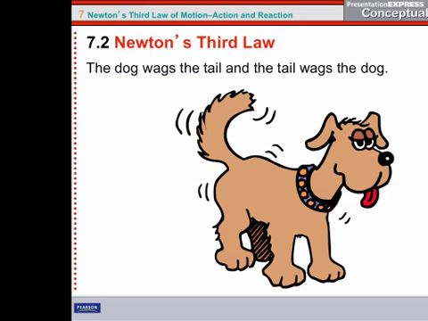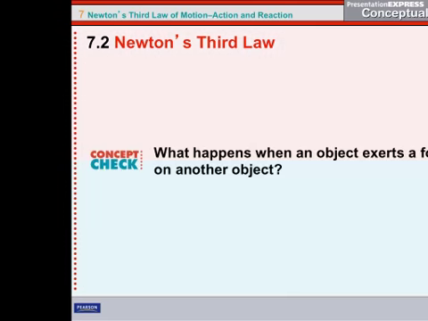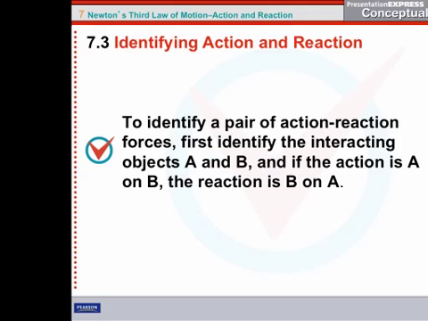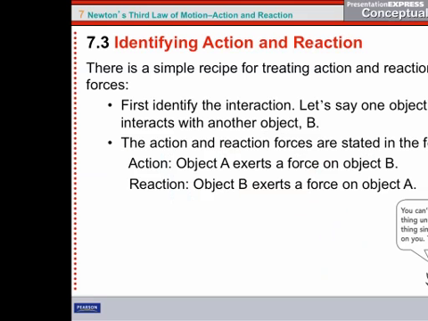The key here is you always need to figure out what the two interacting things are. So we're going to talk about identifying interacting objects, A and B: A acts on B, B acts on A. It may seem kind of simple, and yet sometimes it's hard to think about exactly which one is reacting.